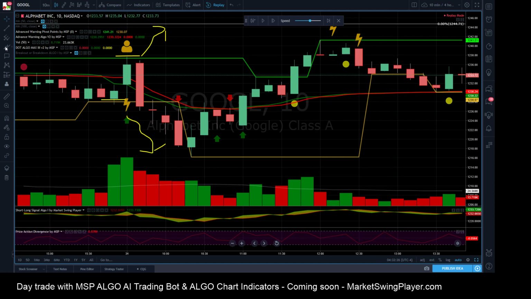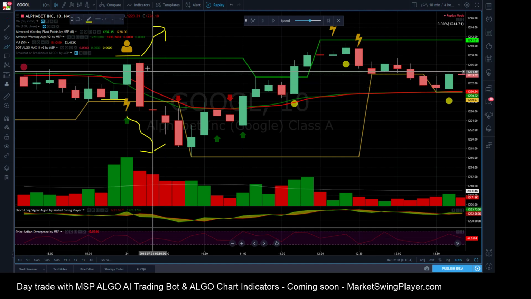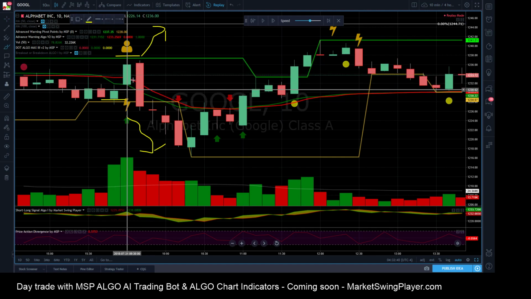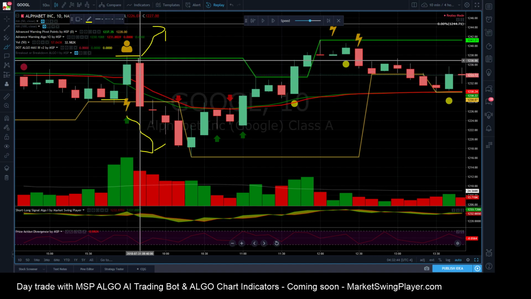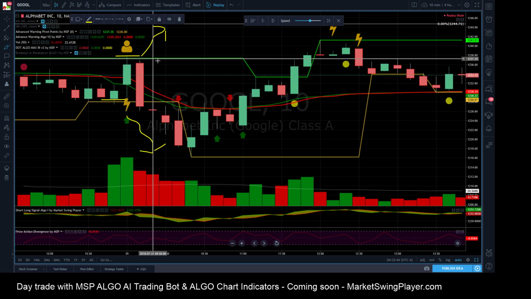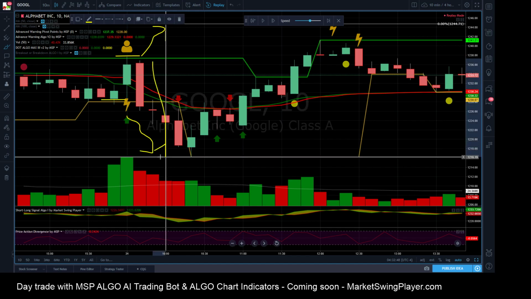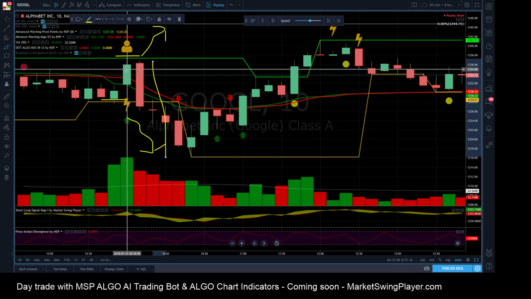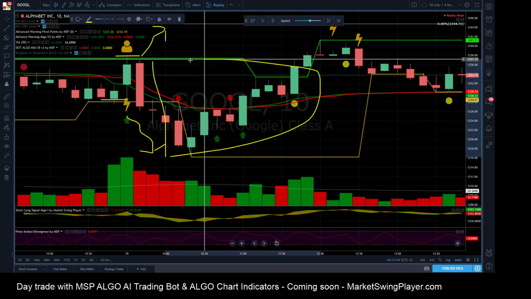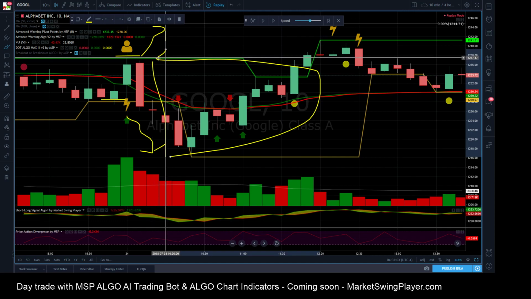So the most common move I see is the alert comes out, it flushes, it retests, flushes, and then it retests the resistance. So it tested this resistance. Normally it flushed, then it goes back to retest this resistance in the future.